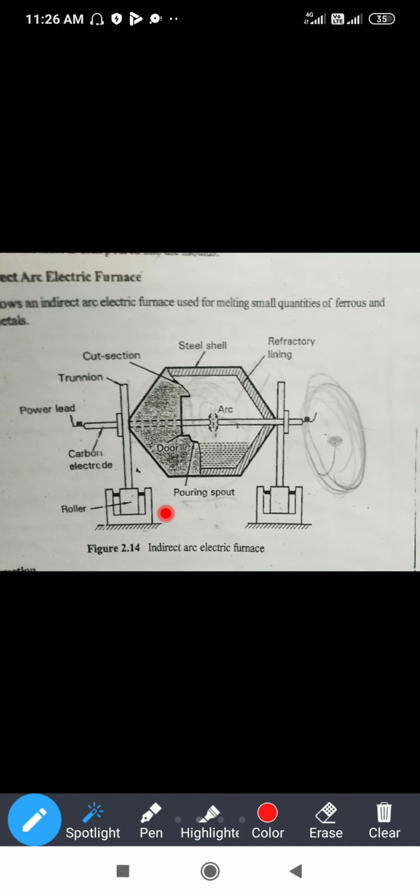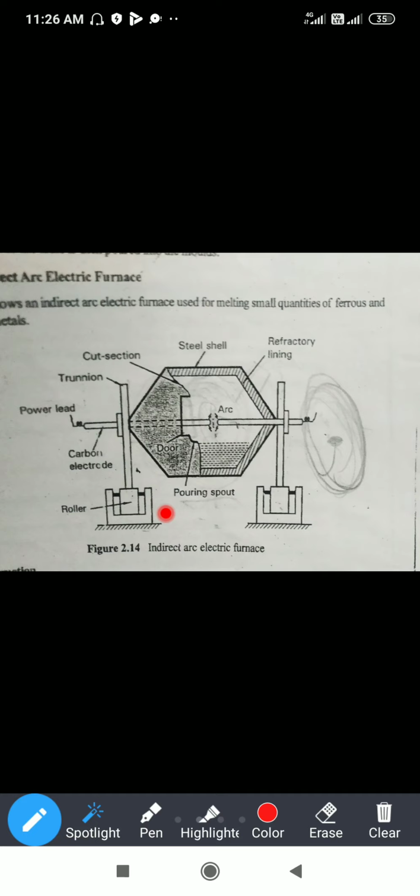Once the temperature increases, the heat is produced in a larger way and goes beyond the melting point of the material placed within this furnace.